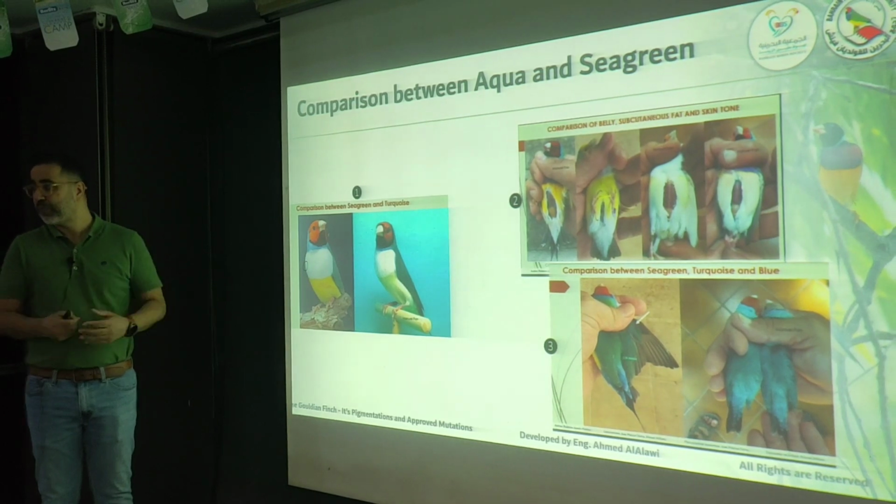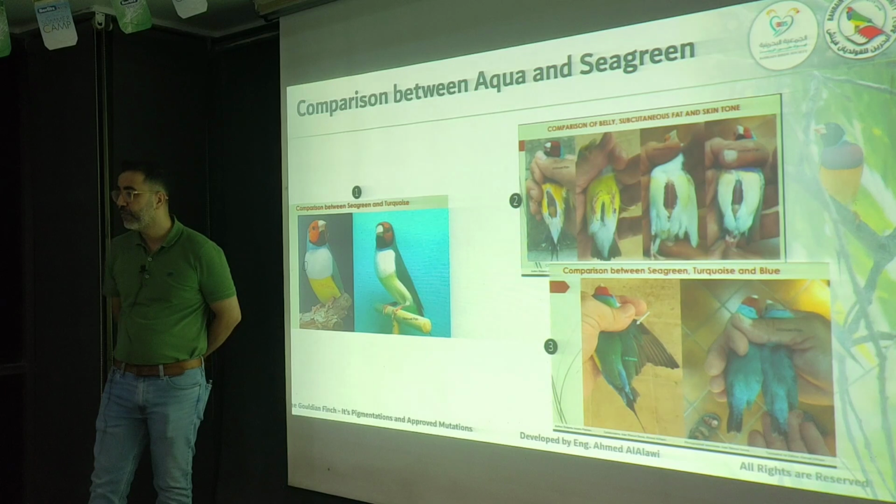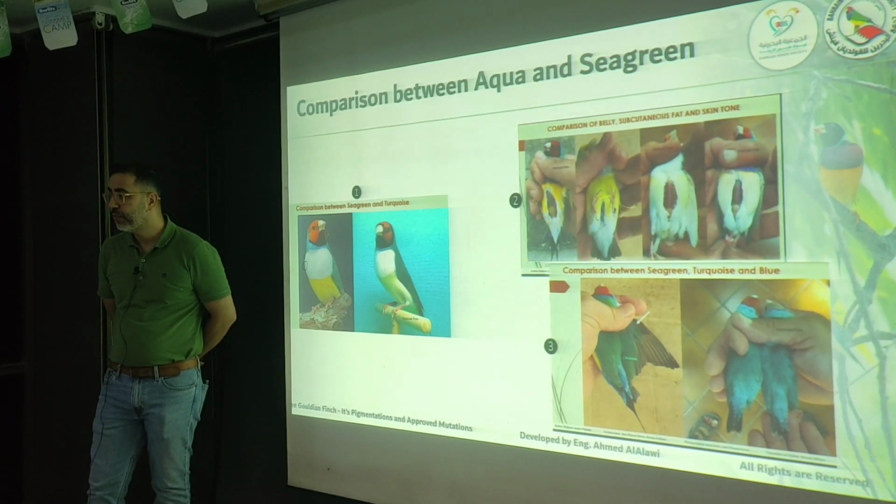I have seen two to three birds with a more yellowish back than what I described. I use silver for understanding for all of us. With the same head and the same breast, but the back color is slightly different. The yellowish tone is increased and the silver portion is decreased.